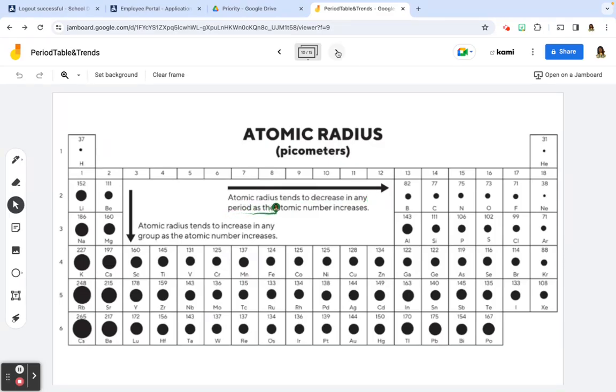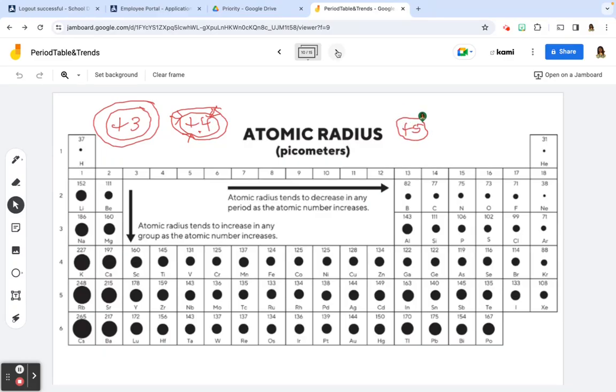increases. So what that means is if you have an element like lithium and it has its 3 protons and it's in the second period, that means it only has 2 energy levels. But beryllium right next to it has 4 protons and it still has 2 energy levels, but because of the increase of the protons in the nucleus, it is contracting, pulling in on those valence electrons, causing the atom to get even smaller as you go across the periodic table.